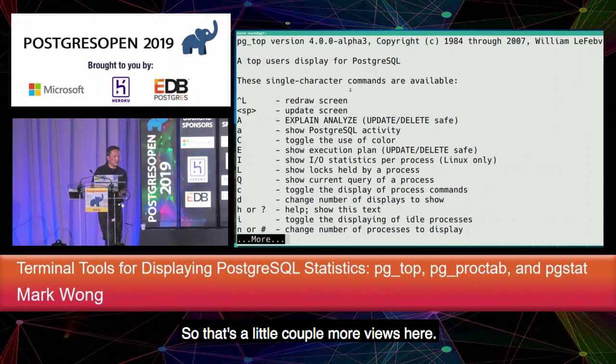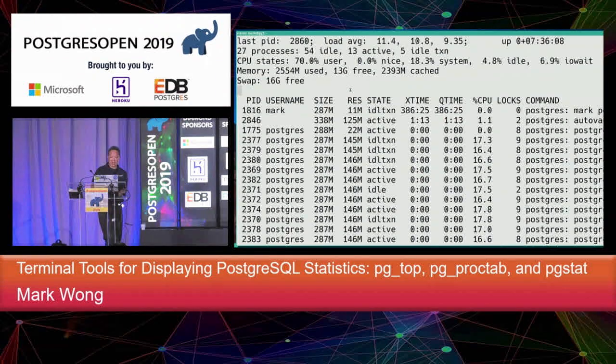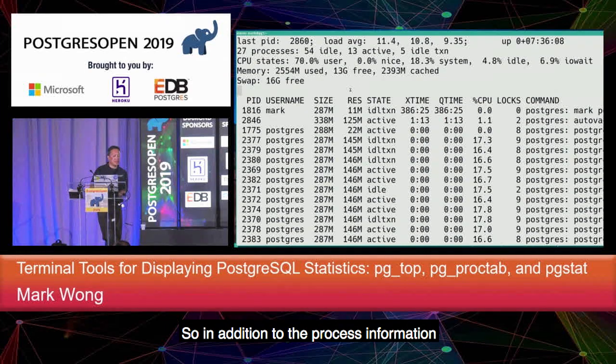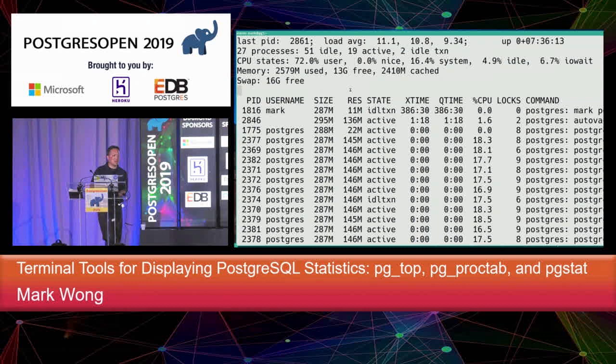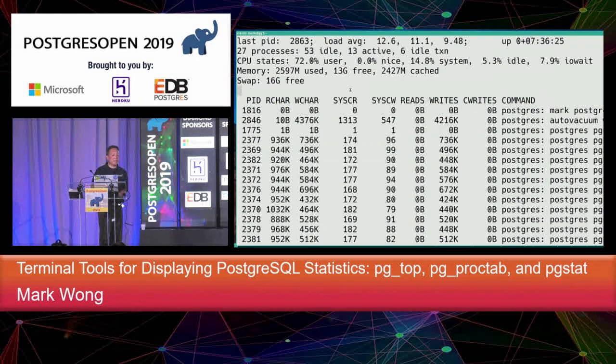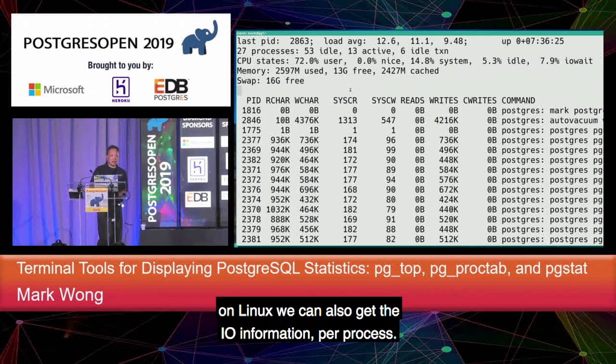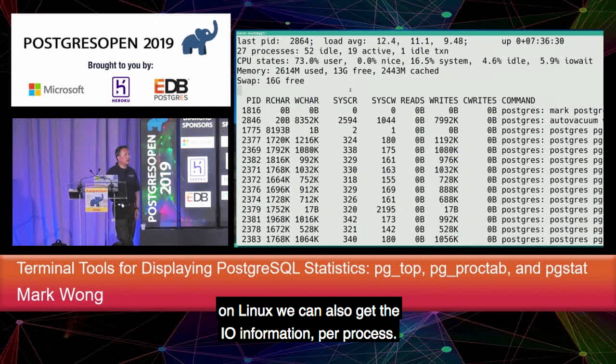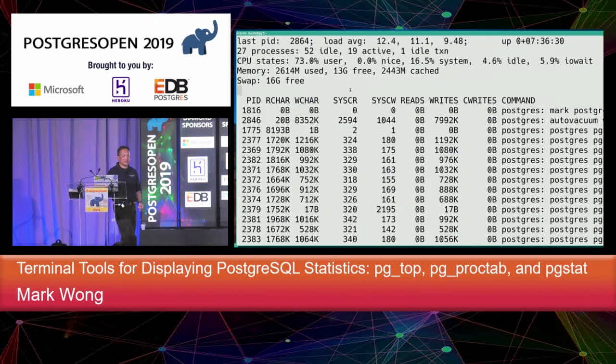So that's a couple more views here. In addition to the process information relating to size, memory utilization, transaction times, and locks, on Linux we can also get the I/O information per process.